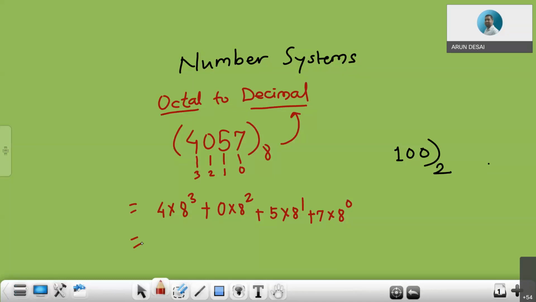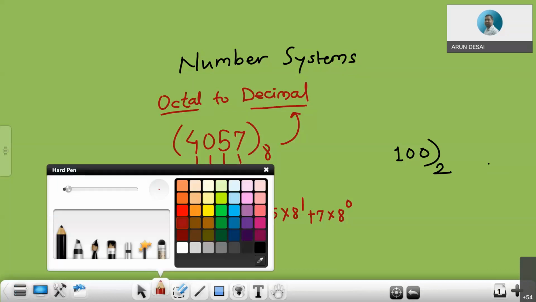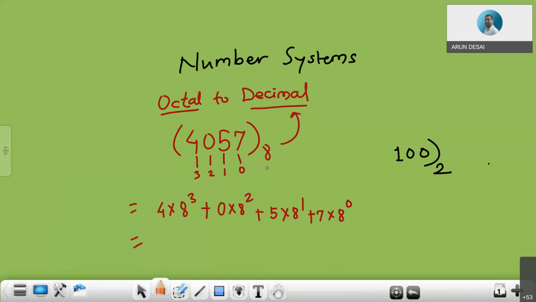Then now try to convert. This is my decimal number.